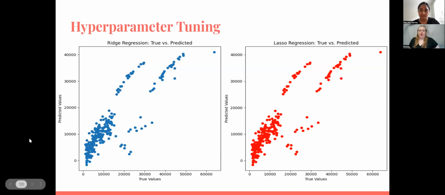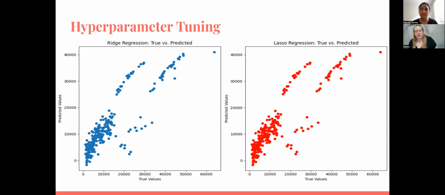So for the hyperparameter tuning, the ridge regression and the lasso regression both had the same scale, and they had the same X and Y axis as well, with true values being X and predicted values being Y. They are the exact same with no difference, which indicates that we definitely need to tune a little bit more to get a better value and more understanding, because it looks like they're doing about the exact same.